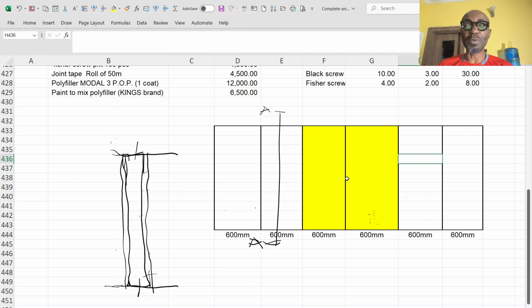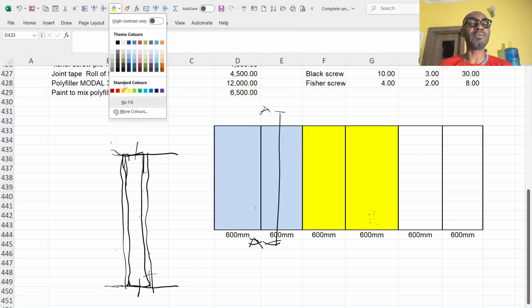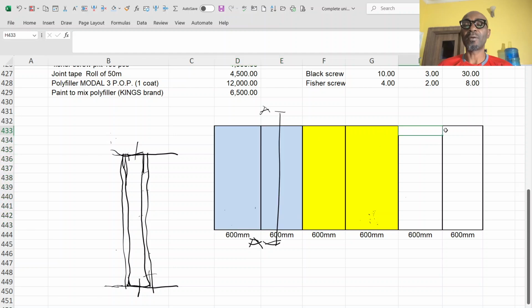This profile is going to be at the middle, at the center of the board, while this one at the edge, to receive this other board, while this one is going to receive, let's say, this other board. So now this profile is going to be shared between these two boards, while this other profile will be shared between these two boards.